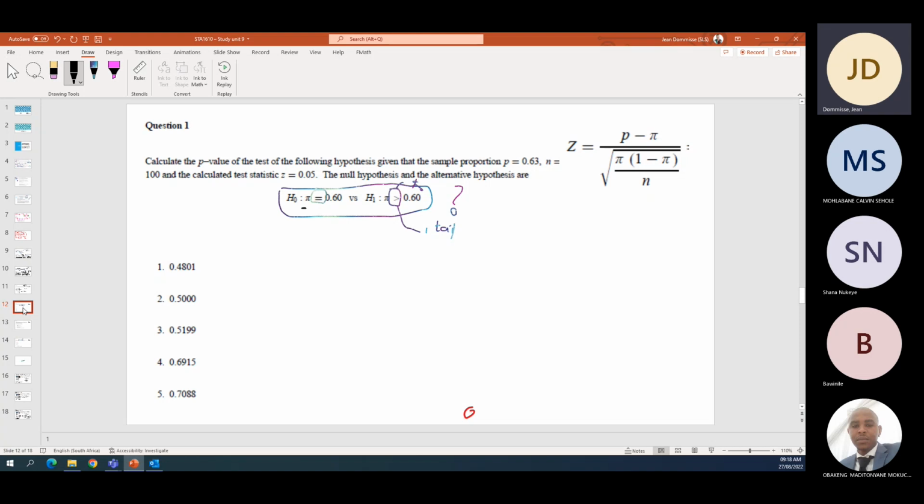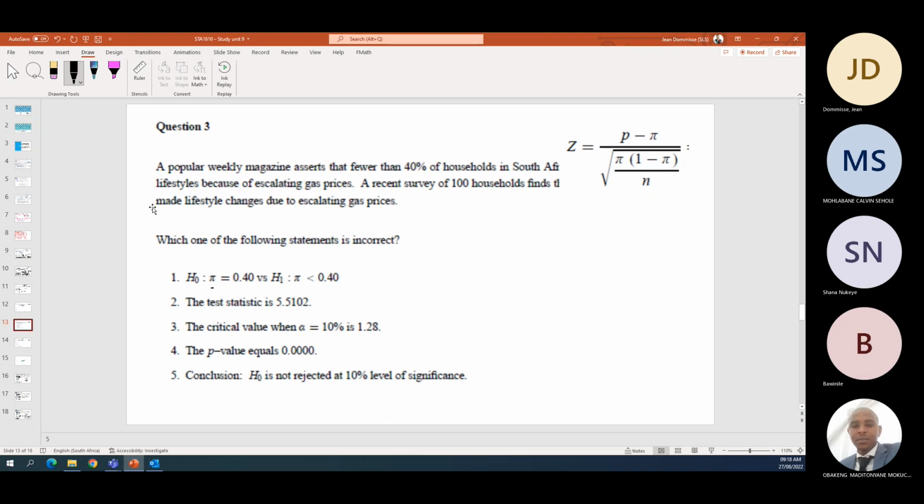And again, it feels to me this might be more a question like question 3 that they might ask you, because again, this looks at the totality of the work. So a question like question 3 sums up everything that you need to know about something like study unit 9.